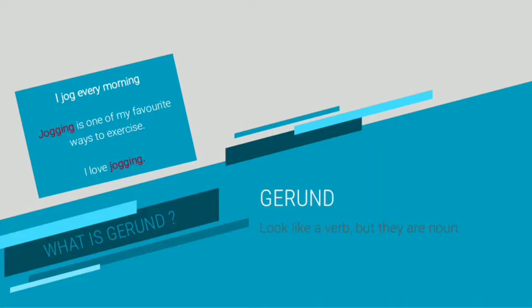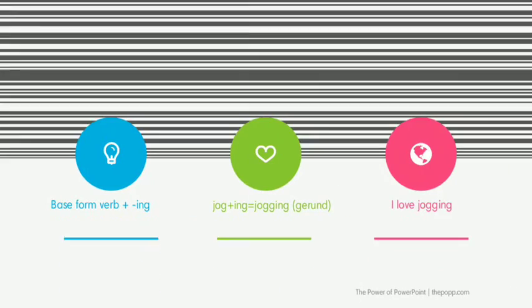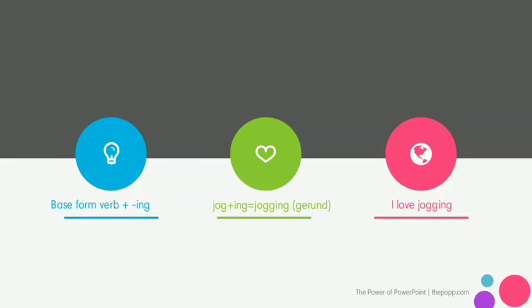So how can we recognize the gerund? What does it look like? Well, the gerund is formed by adding ing to the base form of a verb or the bare infinitive form. Jog plus ing, jogging. Yeah, that's a gerund. So the base form is jog.